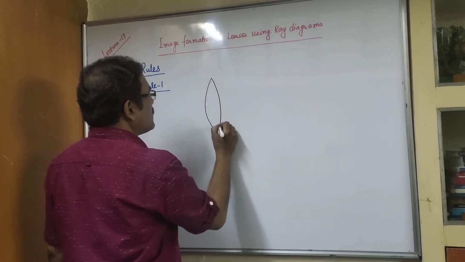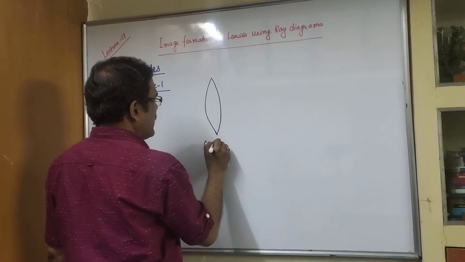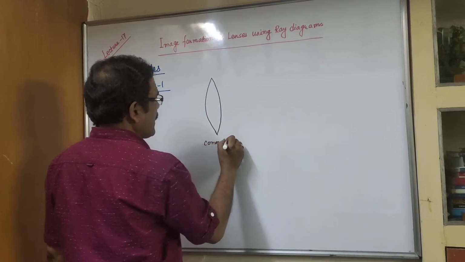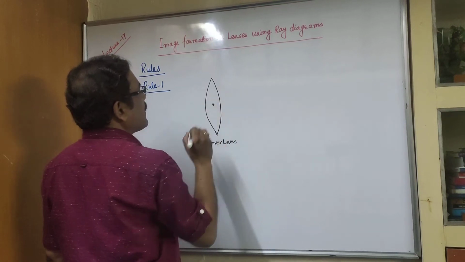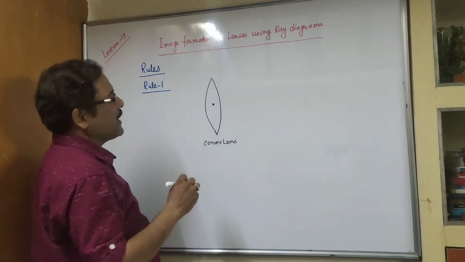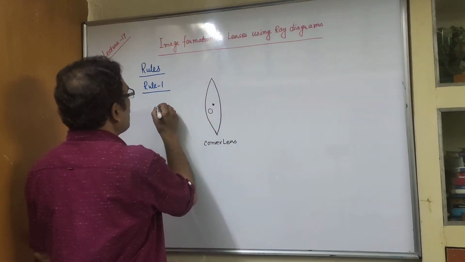So let us draw a double convex lens or convex lens. Mark a point at the center of the lens, and as you know, this point is known as optical center.